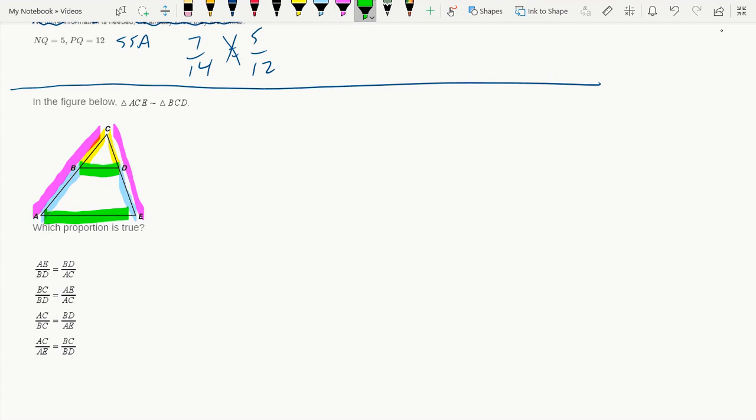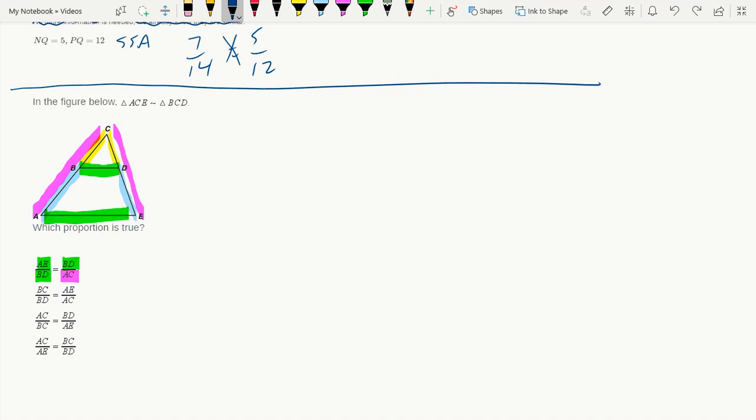They're saying that AE is to BD as BD is to AC. Now see how those just don't match up? They're trying to talk to me about these two lines and then this one and that one. That just doesn't make any sense.